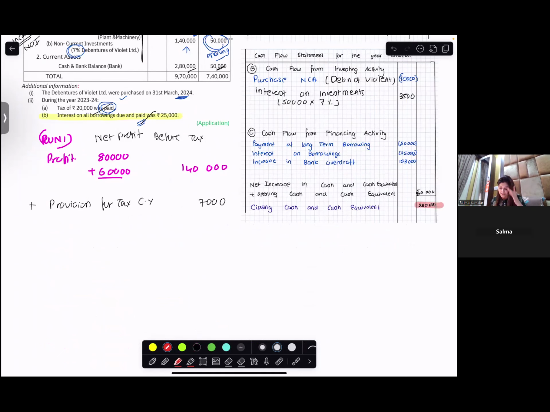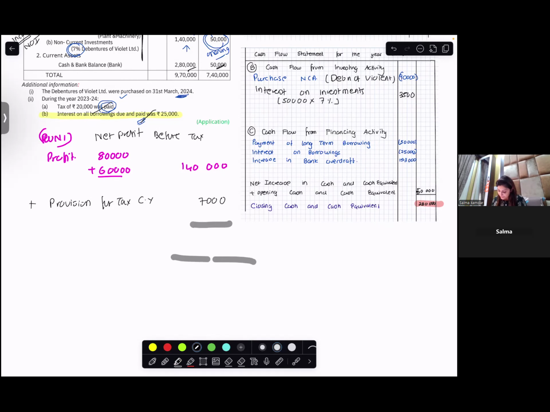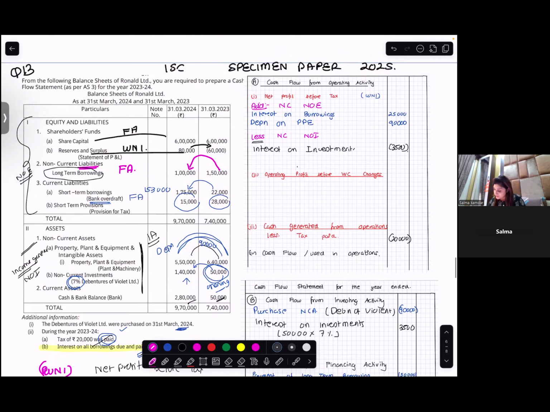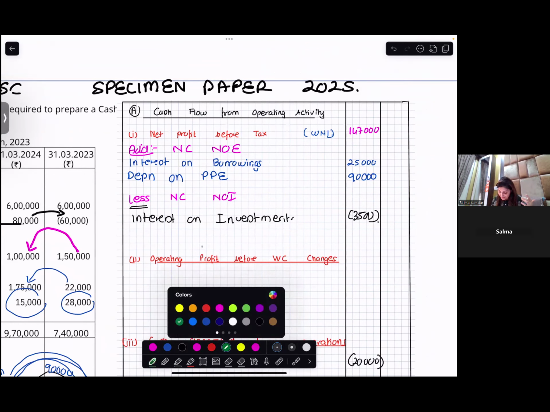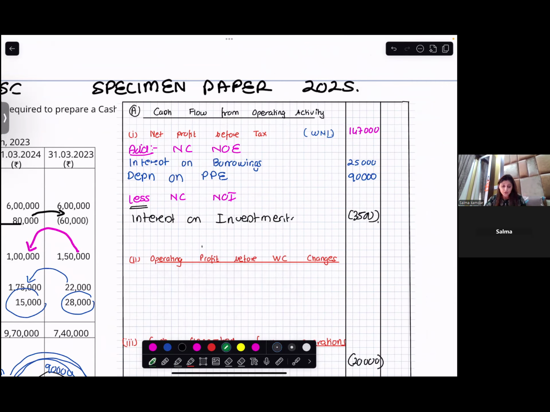We've done discussing everything. Now what you have to do is just close your working note number 1 and complete the sheet. So this becomes 147,000. Your working note number 1 figure goes over here. And now you just have to complete your sheet. To complete the sheet, whatever I'm writing in green is so that you know about it.